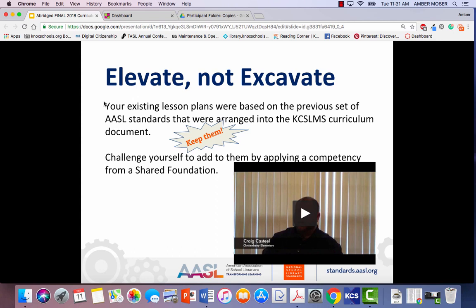These new standards, of course, are a little different, and we are asking you to apply additional competencies on top of them. So in many instances, you are going to be able to take an existing lesson plan and add a new competency to it. Some of them, you may not be able to do that, and you may want to rethink that lesson's usefulness in your program.